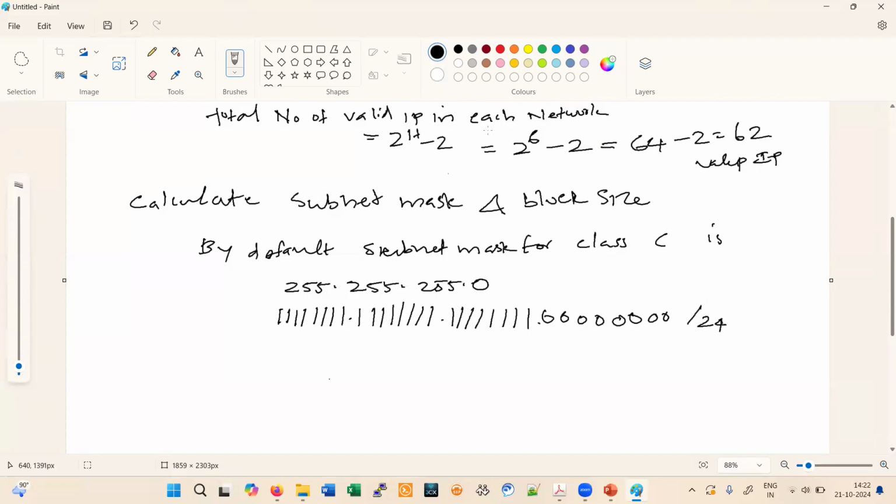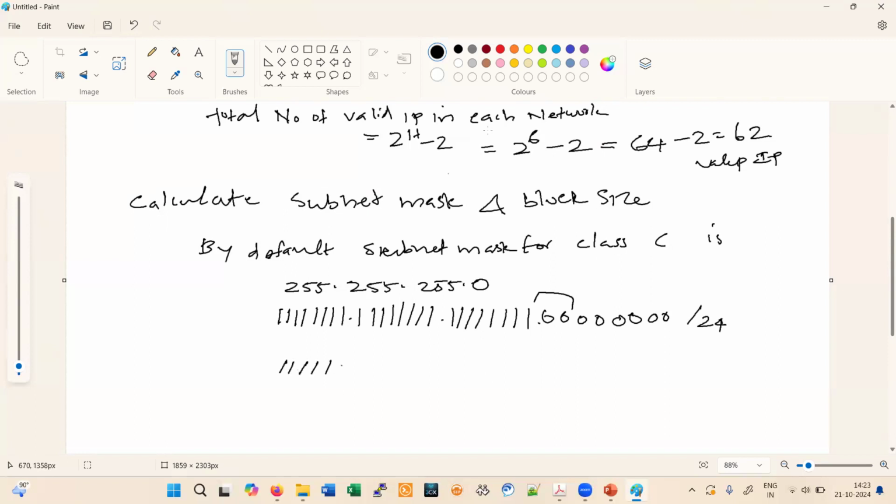So now we changed the /24 to /26. So we took 2 bits from the host portion and changed them to the network part. So for /26, it will come like this.